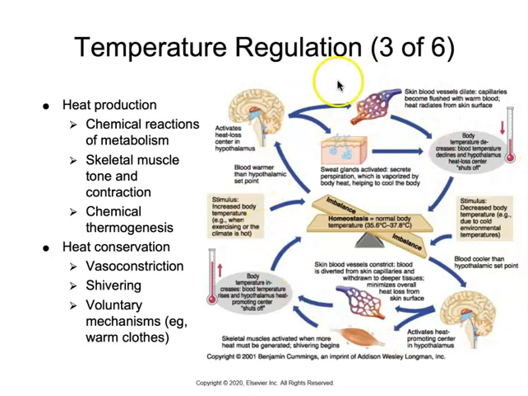You may remember this homeostasis illustration of our thermoregulation. And so if we are going to produce heat, we can have some chemical reactions of our metabolism work in our favor. So those are going to be those biochemical processes that take place in our cells to maintain life.